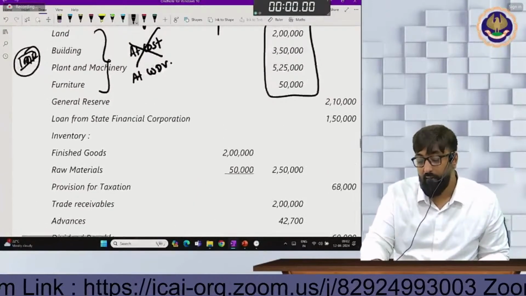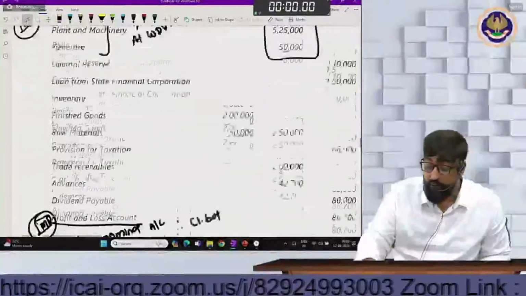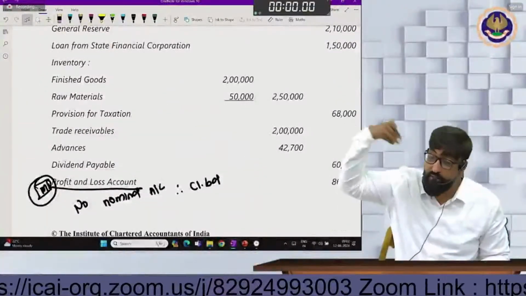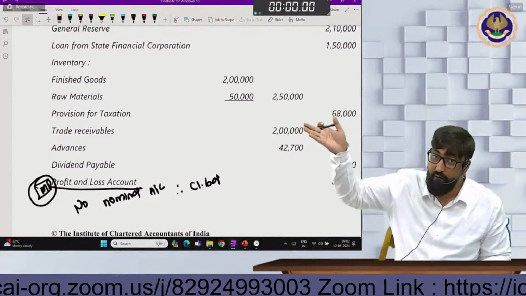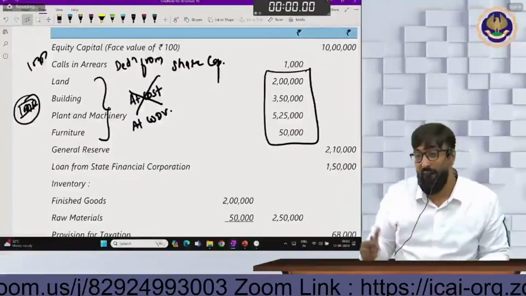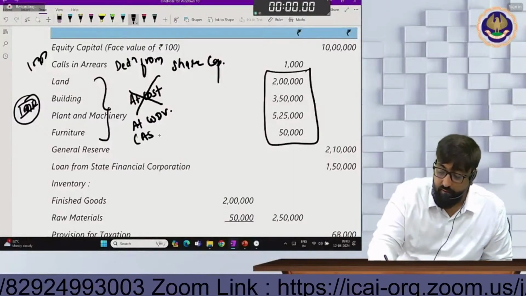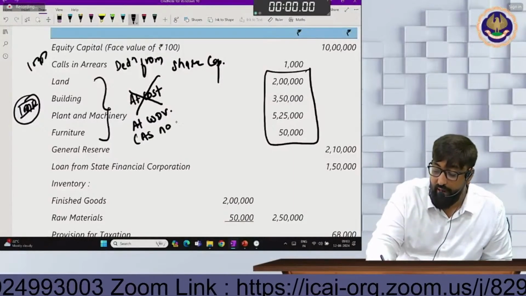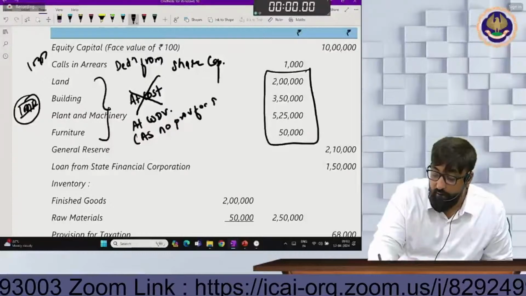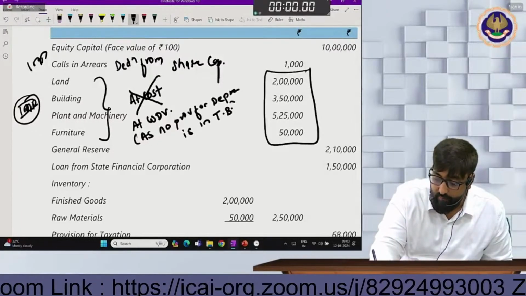And Shanto, these figures are after depreciation, so P&L is already closed, which means depreciation is already provided. Yes, but sir, you are not recording provision for depreciation in the trial balance. The reason is very simple: no provision for depreciation is in the trial balance.